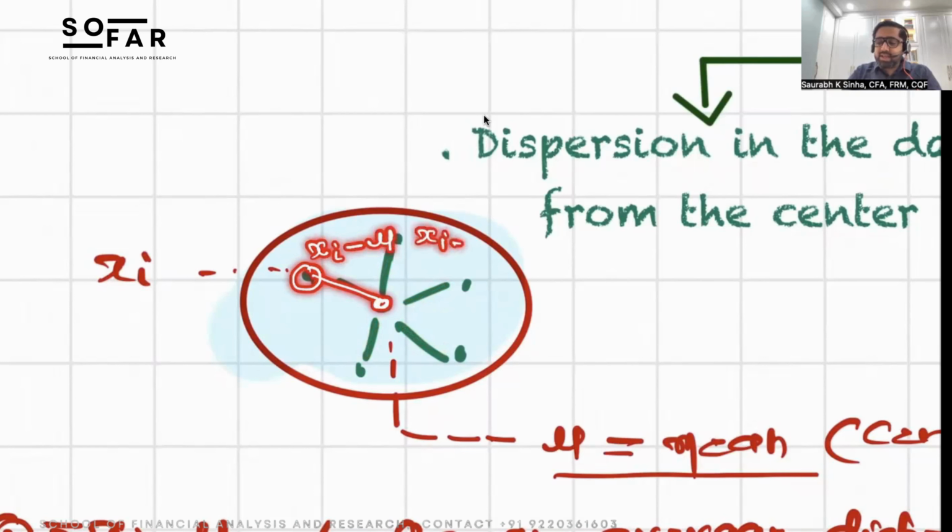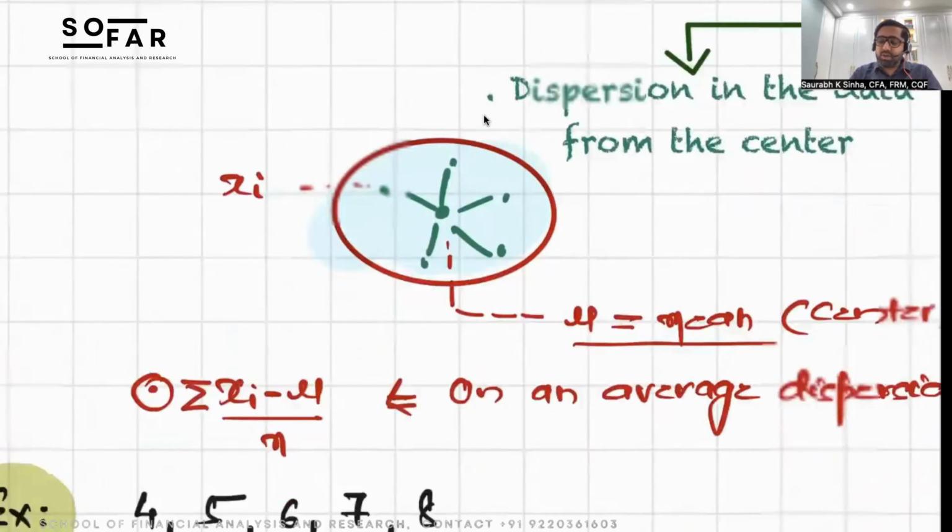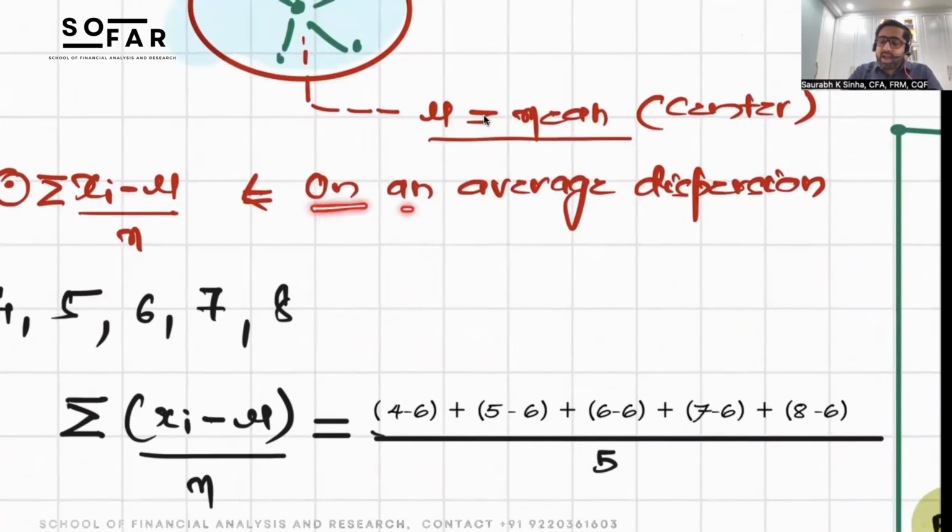Similarly, for this one, xi minus mu, for this one, xi minus mu. The mu is the center that won't change, but xi is changing. That is the dispersion. And what I'm specifically interested in is finding the average dispersion in the data from the center.